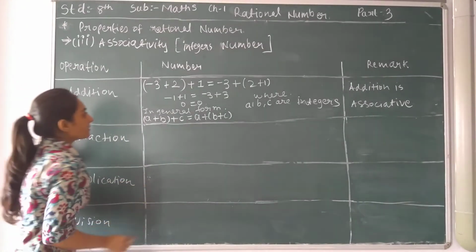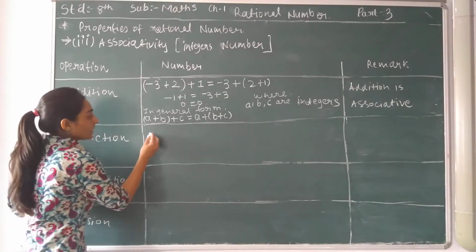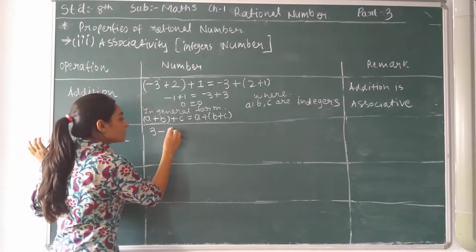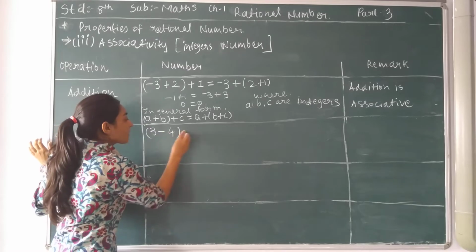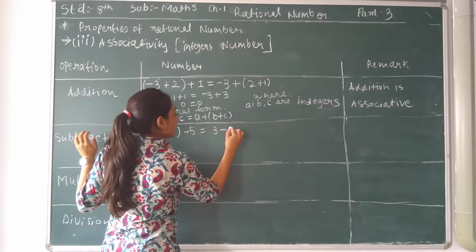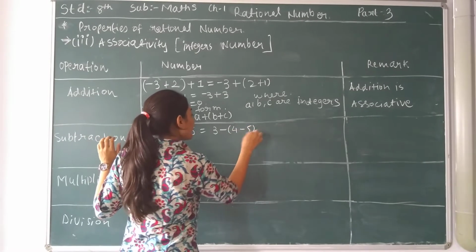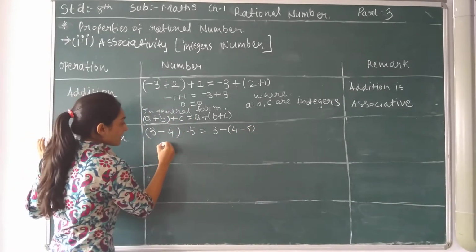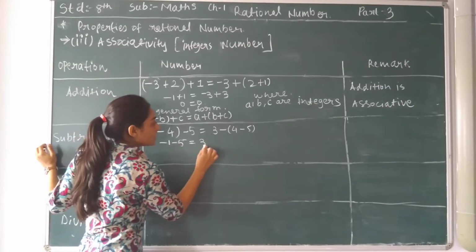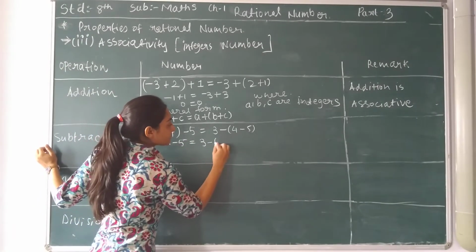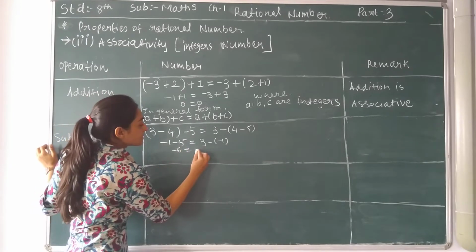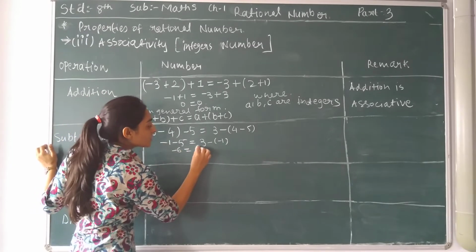Similarly, we are going to do the subtraction. Take any three numbers, say (3 minus 4) minus 5. Interchange the bracket, 3 minus (4 minus 5). Now the answer here is minus 1 minus 5, which is minus 6, and 3 minus minus 1, so the answer is 4.